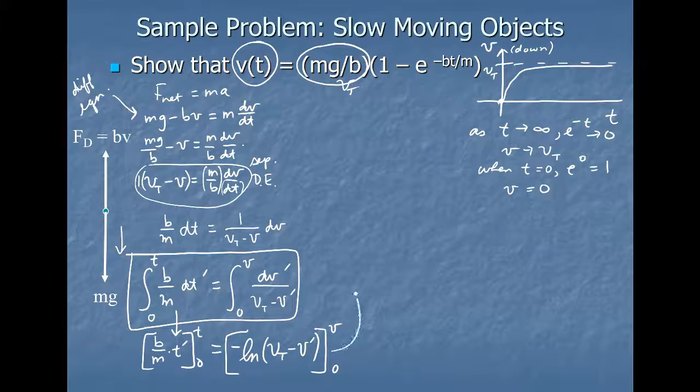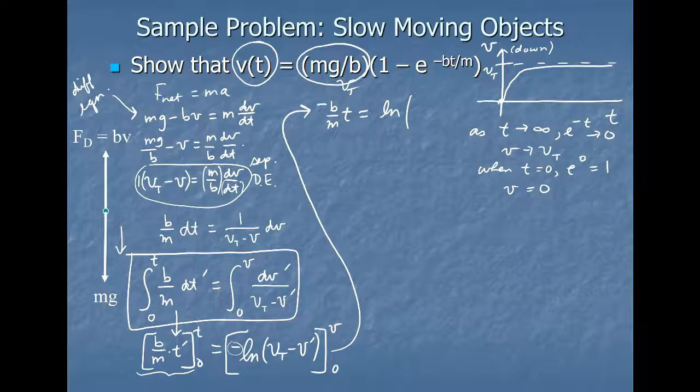So now let's continue, and we'll come up to here. So b over m times t prime evaluated from 0 to t is just going to be b over m times t. But this negative sign here I can bring to the other side and put it on this, so that on the right side I'm just going to have the natural log of vt minus v prime evaluated from v to 0.